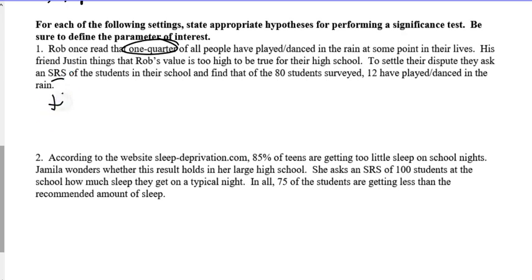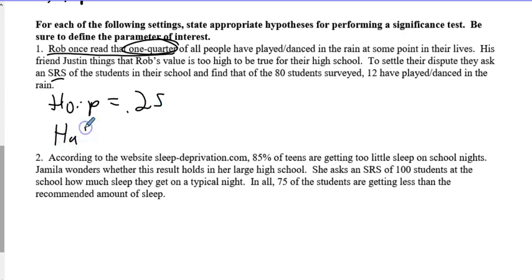So, the H-O: P is equal to, what is Rob claiming? What percentage played in the rain? 0.25. He claims 0.25 played in the rain.